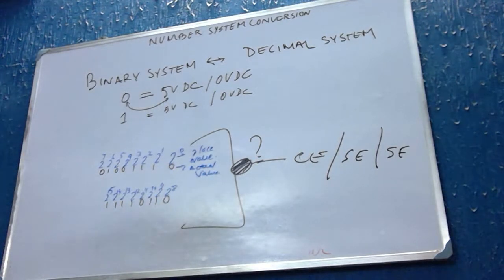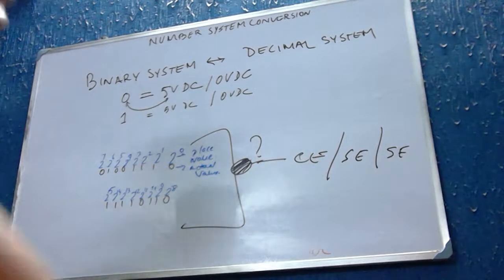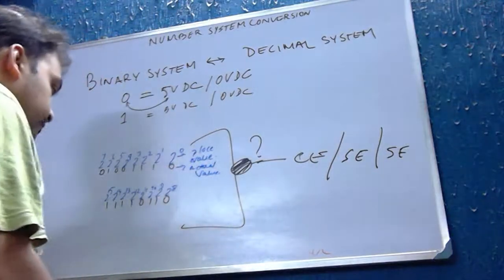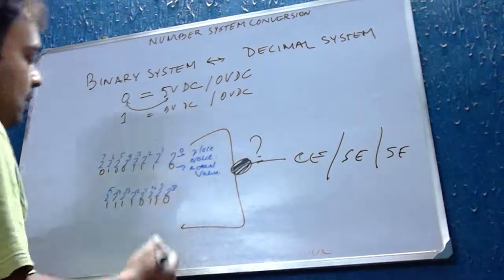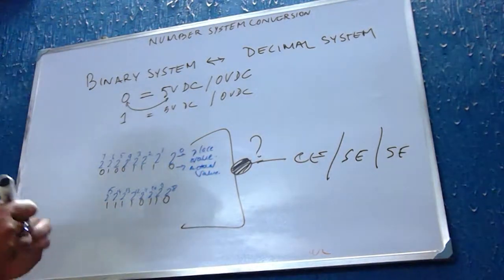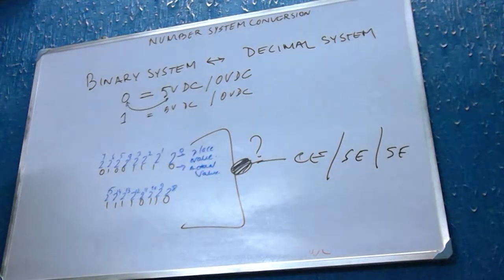Okay, so I will provide the solution to the problem. First of all, I will erase the 2 to the power zeros because they are of no use.